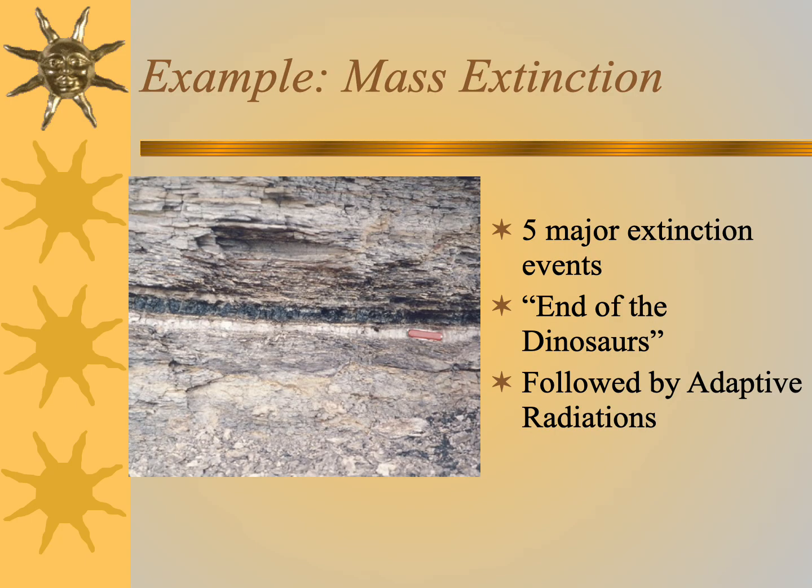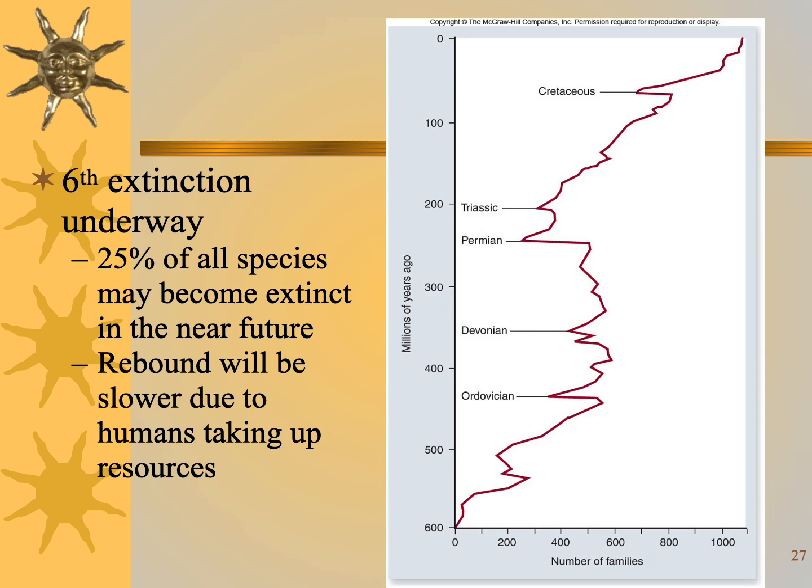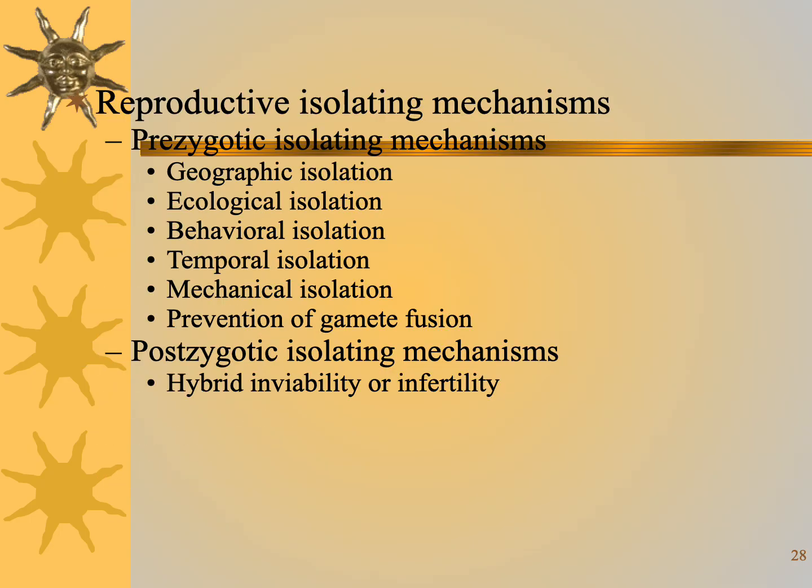So that produced the end of the dinosaurs and is one of the 5 mass extinctions, but often these are followed by adaptive radiations. And so these are times when we see these adaptive radiations occur after these extinction events and lead to large numbers of new species.